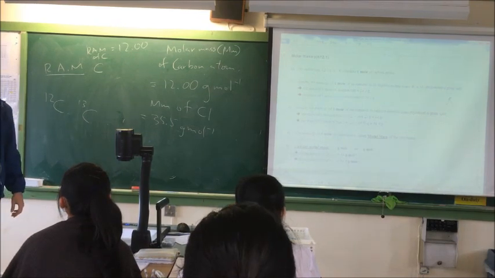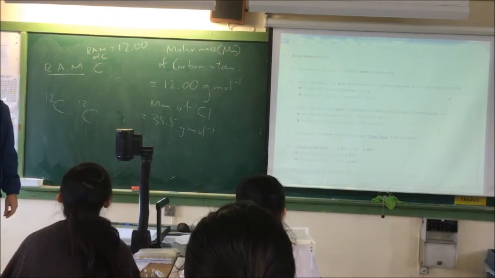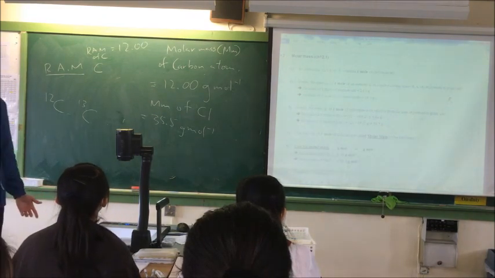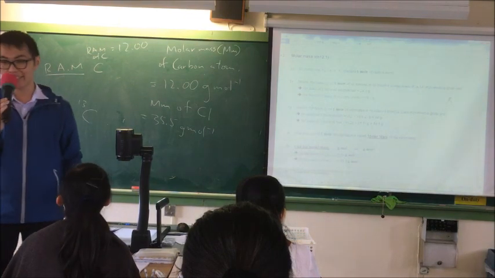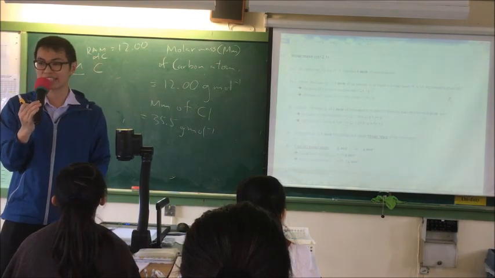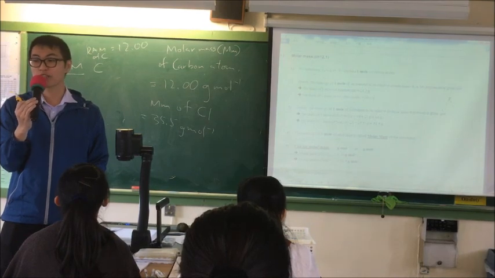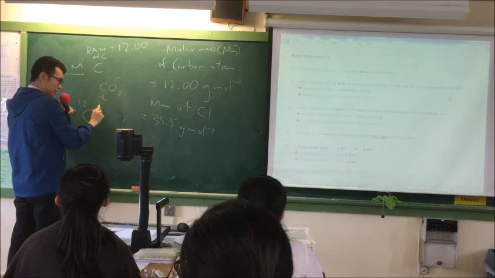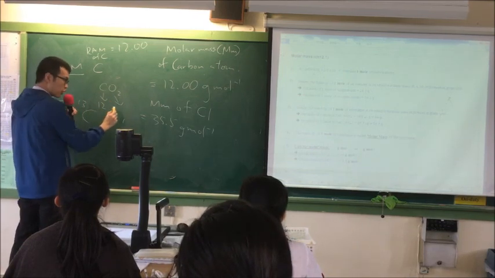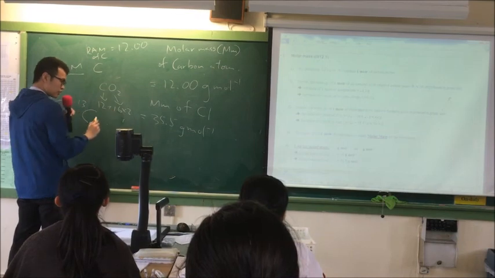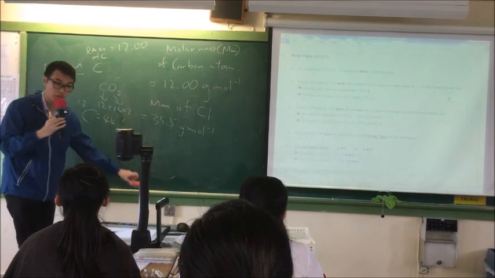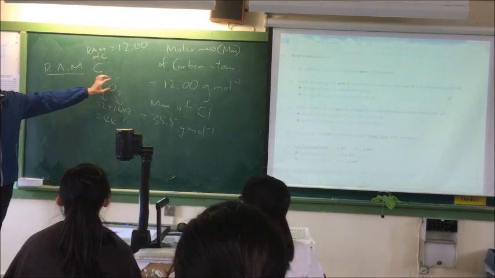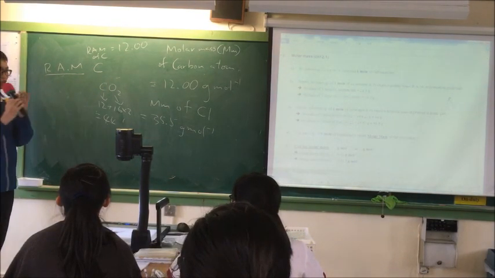How about 1 mole of oxygen gas? 32 gram. How about 1 mole of carbon dioxide gas? What is the weight of 1 mole of carbon dioxide gas? 44. Because carbon dioxide, we have 1 carbon and 2 oxygen, which is equal to 44. So you will know that if we have 1 mole of carbon dioxide, it will weigh 44 grams.